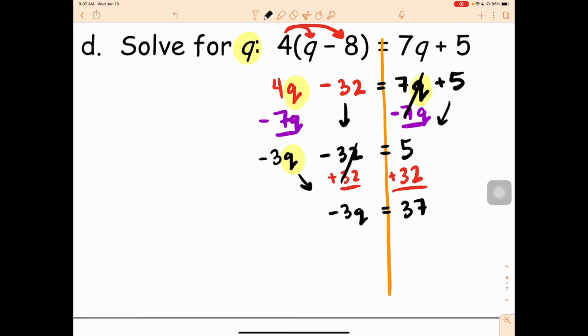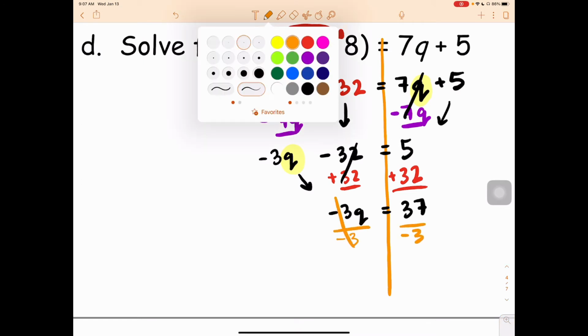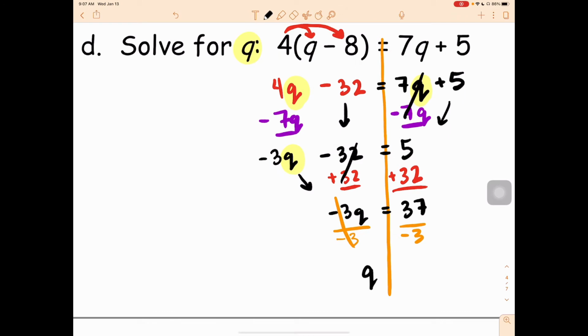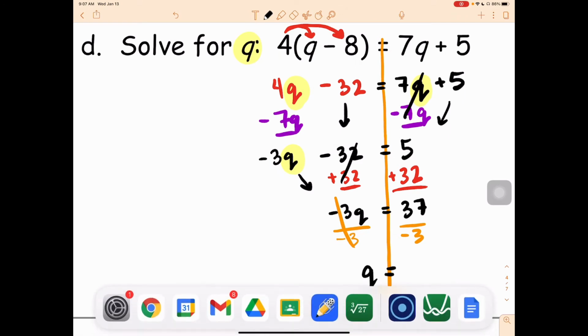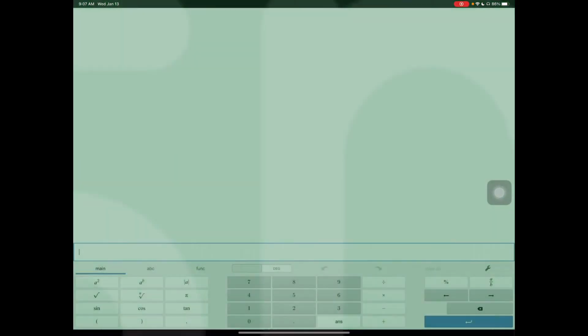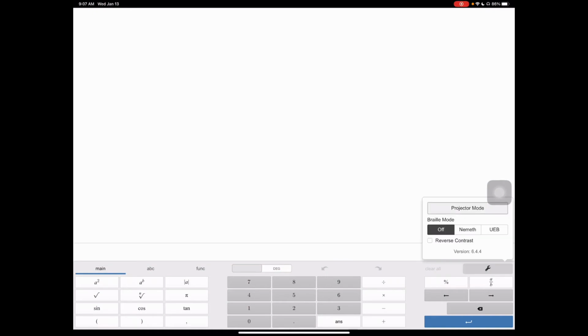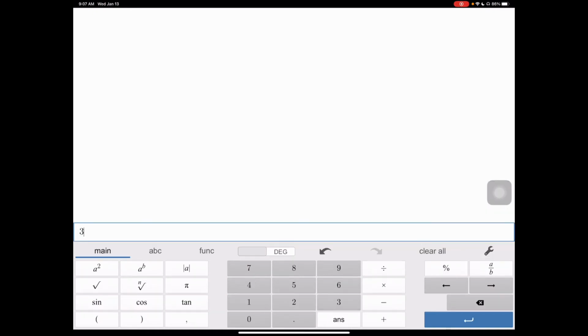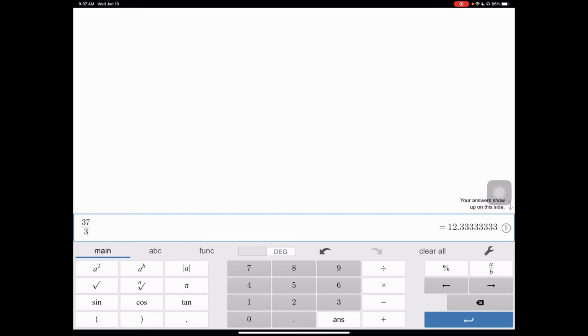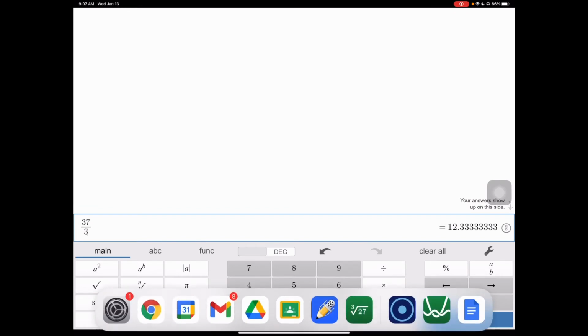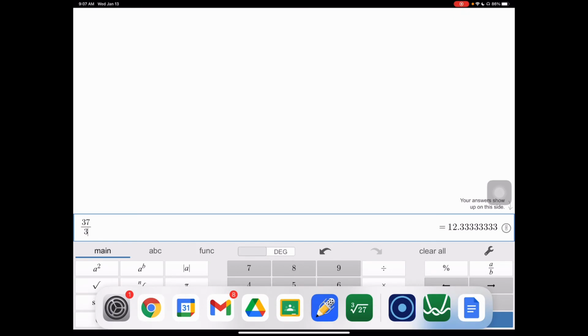37 is actually a prime number, so it's not actually divisible by negative 3. I'll show you what that looks like. So we have to divide both sides by negative 3. So I'm left with q equals, and let's see what we get if we try to divide 37 by 3. Usually anything divided by 3, it's a repeating decimal. So you should know that it's not going to be pretty. See, this one's 12.3 repeating. So honestly, we can just leave it as a fraction.